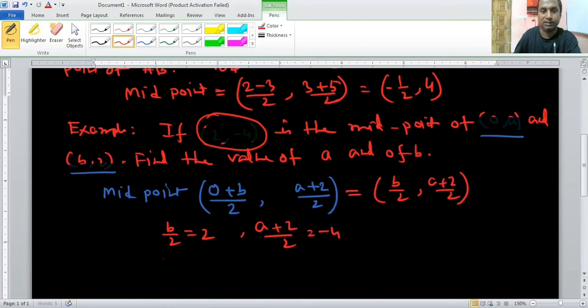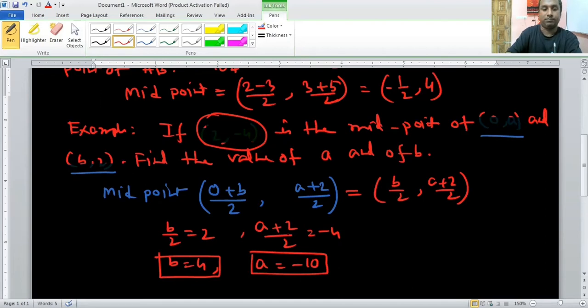Now let us simplify. B equals 4 and A equals 4 twos are 8, minus 8 minus 2, that is minus 10. So the values are B is 4 and A is minus 10.